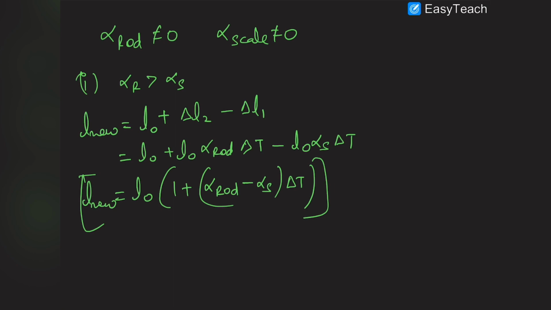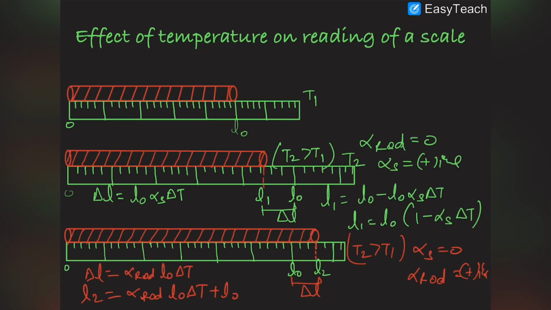Now this is also called alpha effective, and obviously if alpha scale is greater than alpha rod, then this alpha effective would be negative, and new reading of the length of the rod on the scale will decrease, and if alpha rod is greater than alpha scale, then the new reading of the length of the rod on the scale will increase obviously. So this was the complete analysis of the effect of temperature on the reading of a scale.